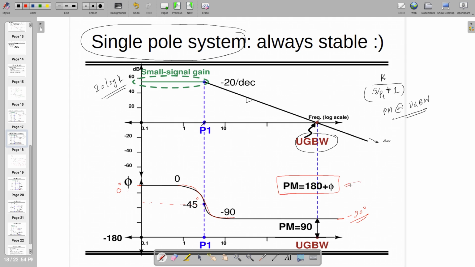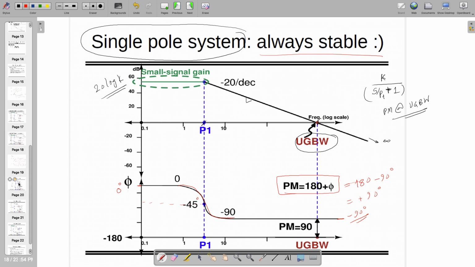So phase margin becomes plus 90 degree. So note that what we have studied and what we have agreed on is your phase margin has to be more than 45 degree to be in stable system or the stable mode of operation. So we know that if you have the single pole, your system is always stable. It's very nice, no problem.